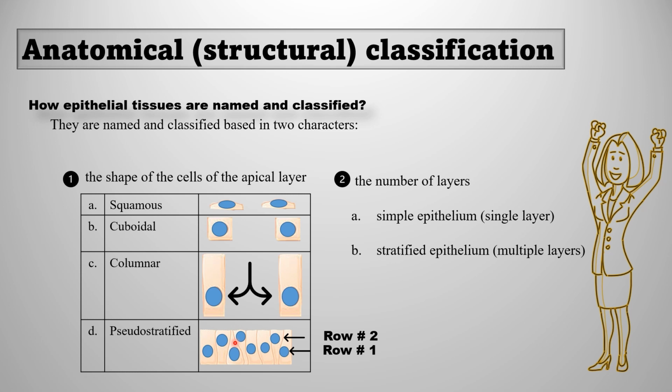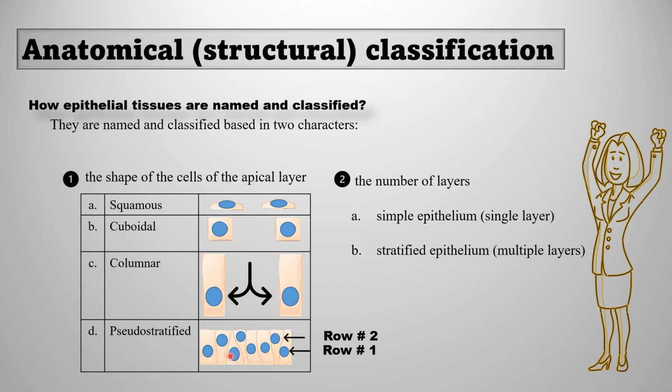Both of them are columnar cells. Again, there is another characteristic which is very important, that the nuclei are arranged in two rows. Why? Because of the difference in the height of each of the two cell components, the short cells and the tall cells. So it appears as if there are two rows.